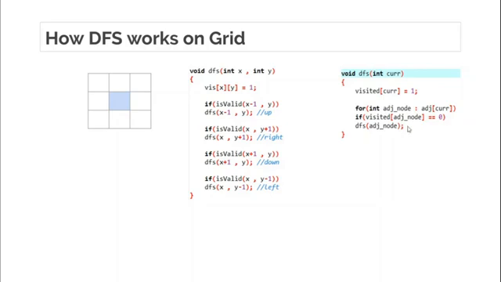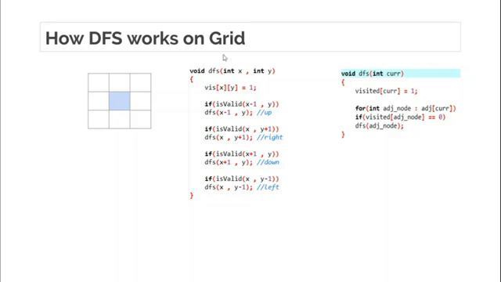So I'll try to go up. Is valid will check whether the cell directly above the current cell exists. If not, it returns false, and I cannot make this DFS call, of course. Otherwise, if the cell exists, we check the second condition: whether the cell you want to go to is visited. If it is not visited, it returns true, so you can make the DFS call up. Similarly for right, down or left.